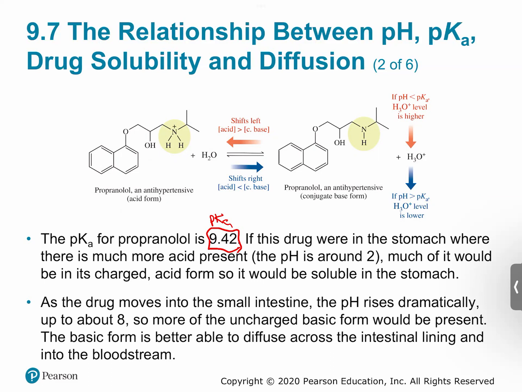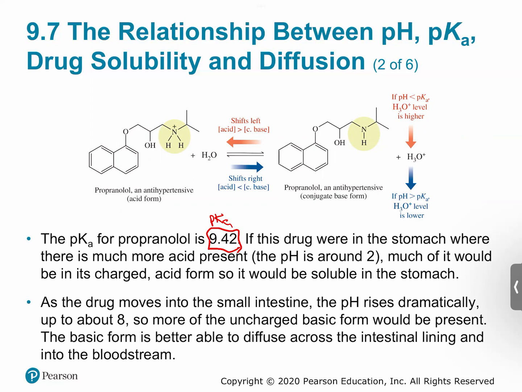Think about a chemical reaction with equilibrium. We're talking about weak acids. So there are different forms, right? You go back and forth in the reaction with equilibrium. So in this case, in the stomach, the drug is going to be in its charged form at that pH. And so it's going to be soluble in the stomach. And then when you get to the small intestine, the pH is a lot different. It's going to get higher number-wise. It's going to become more basic.